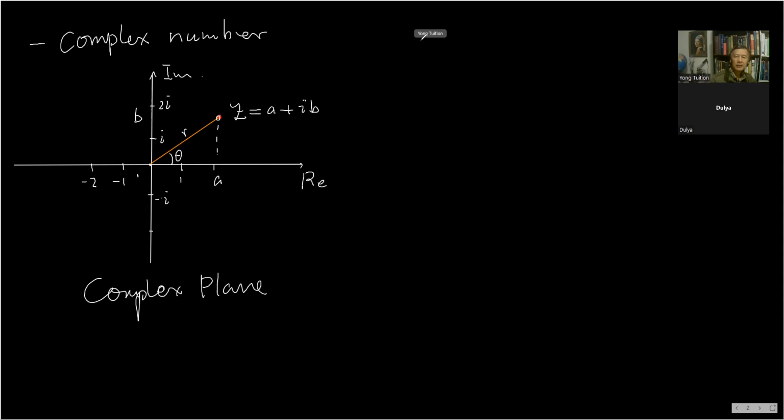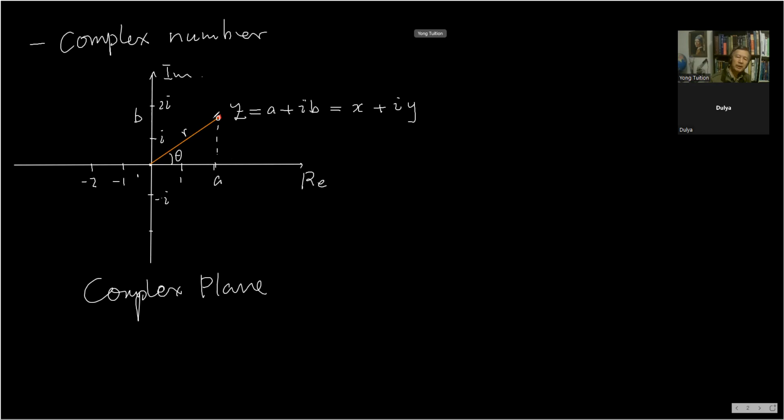Therefore, the same complex number can also be denoted by these two variables, R and theta, you see? And in general, we prefer not to use A and B, we prefer to use X and Y. You can use Y, it doesn't matter. So X, Y is okay.